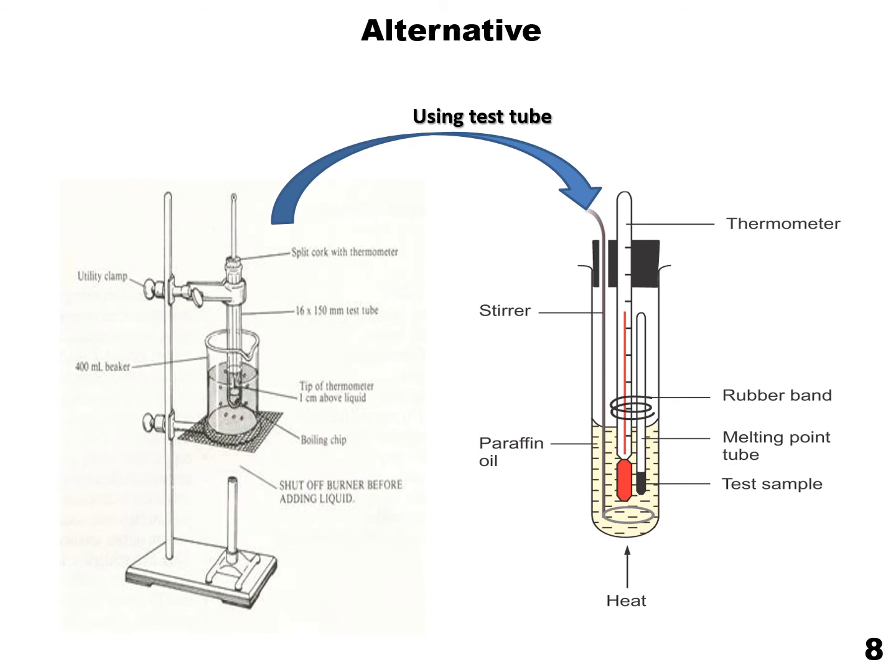The operation is very simple. You need to tie the capillary tube against the thermometer and dip it in paraffin oil, because paraffin oil has a boiling point higher than some of the solids, and it can be used as a medium to heat up the solid sample under study for melting point.